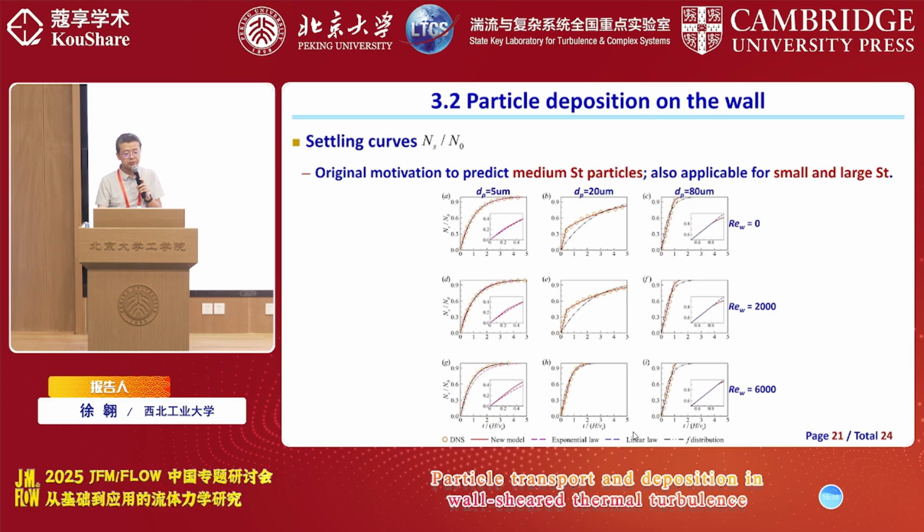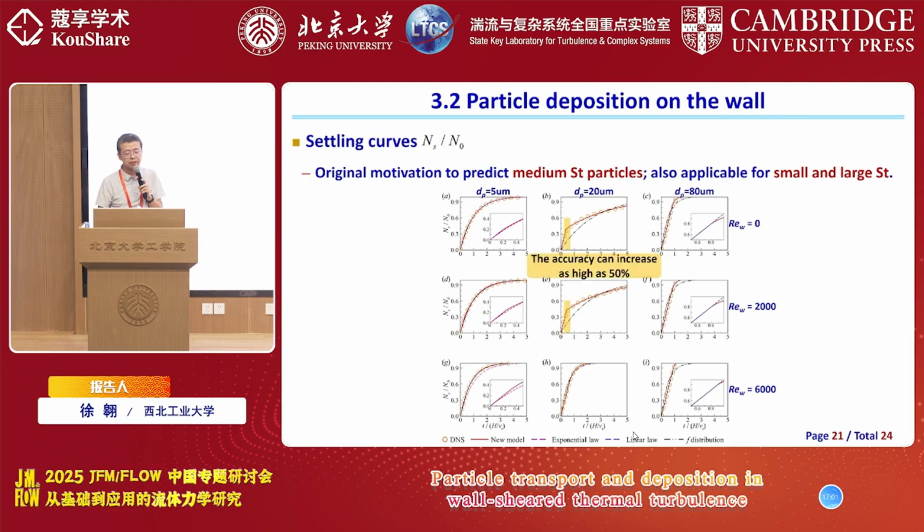Particularly for the medium Stokes number, in this plot, this red line is our new model. This dashed black line is the previous model reported in the 2020 PRF paper. We can see that our model agrees more accurately with the DNS result.